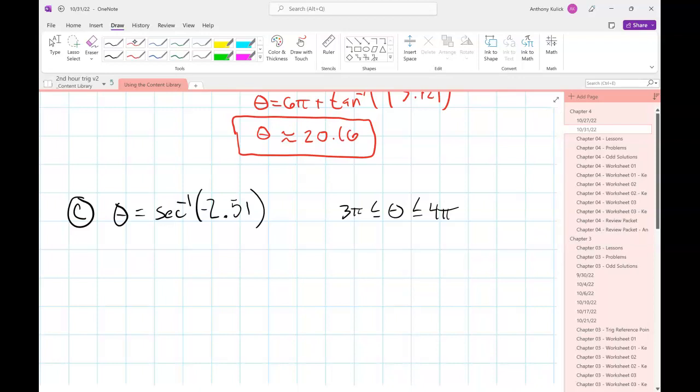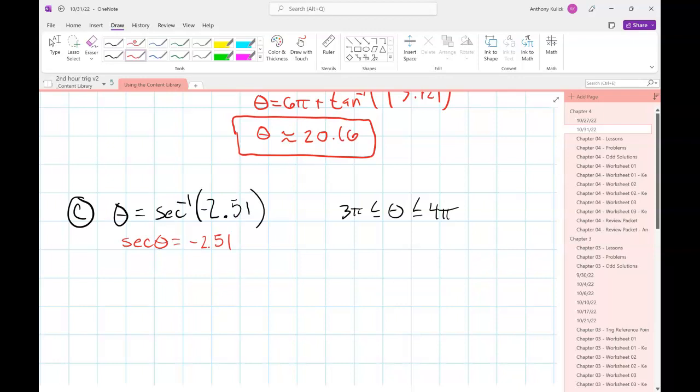So let's take a look at this one. Here we have secant inverse of negative 2.51, and that needs to lie between 3 pi and 4 pi. So we'll start the same way. We'll say that secant theta needs to equal negative 2.51.